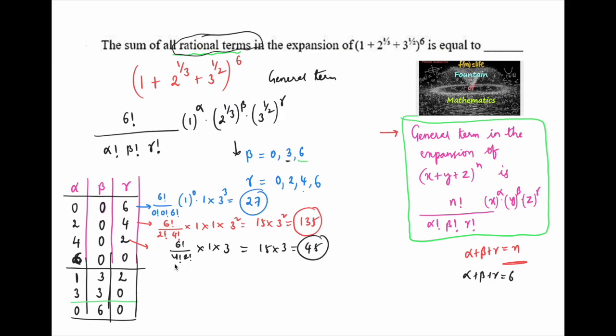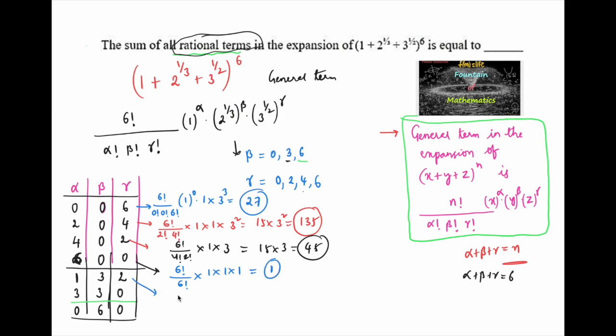So 45 is another term. Coming to the next one, 6!/6!, and again 1 into 1, and (3^(1/2))^0 gives 1. So another term is only 1.